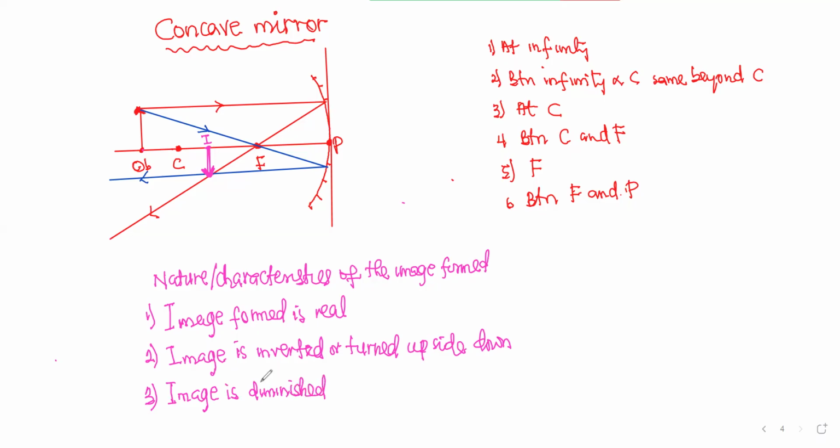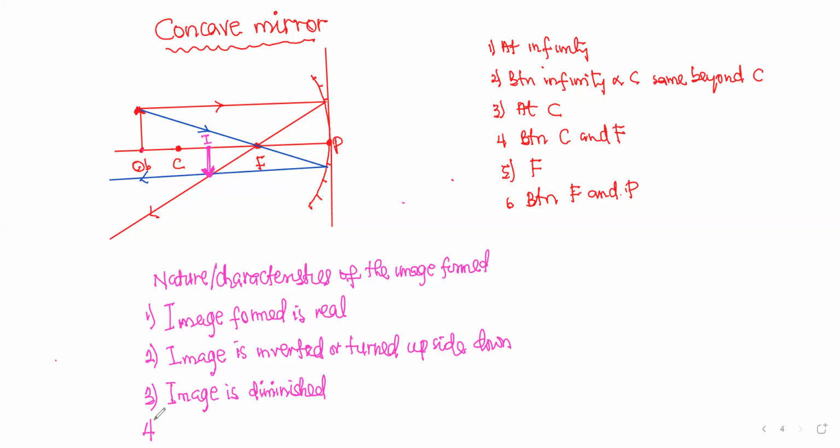If an image is said to be diminished, it means that the image is smaller in size and height than the object. If the image is bigger than the object, we will say the image is enlarged or magnified.